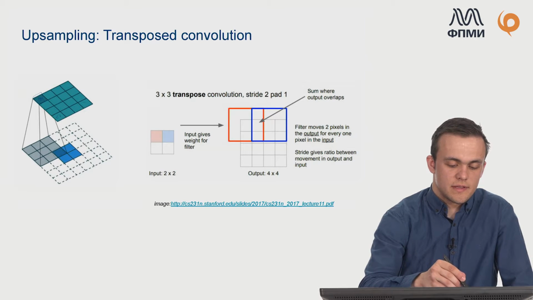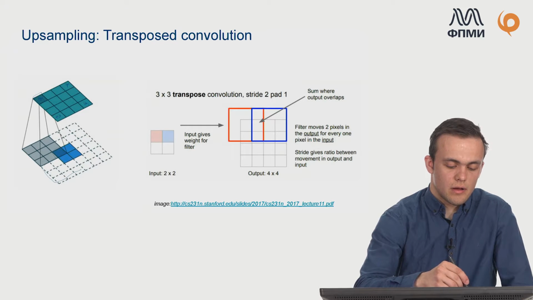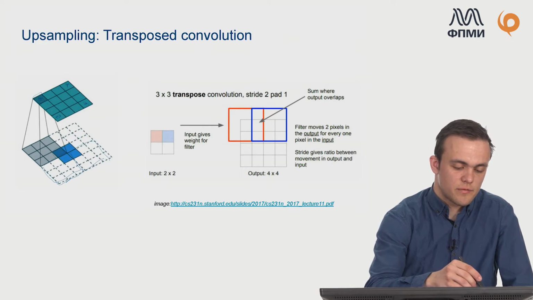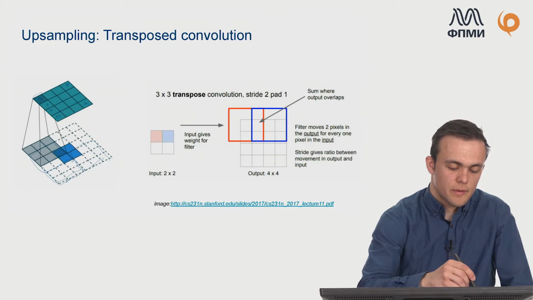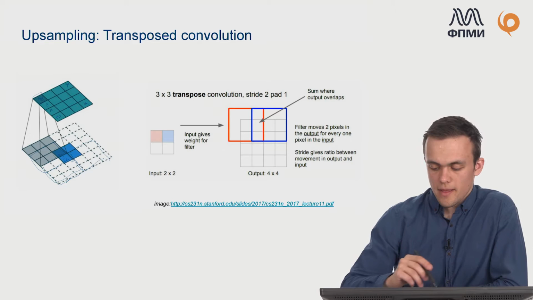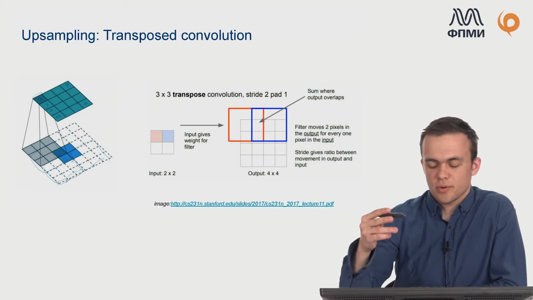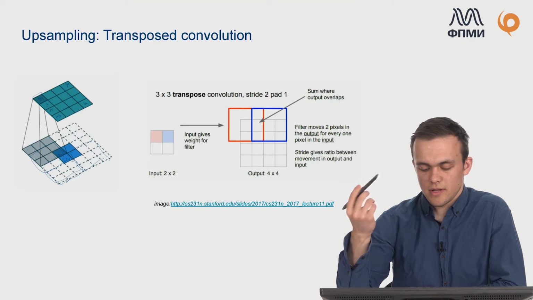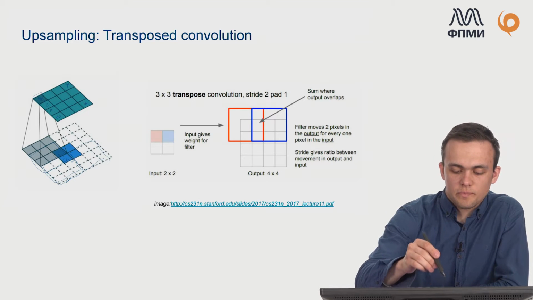And the same stands for these corner regions. When we apply these receptive fields, for these pixels we will have two pixels that are non-zero, and so on. So this is called transpose convolution, or sometimes it's called up convolution.